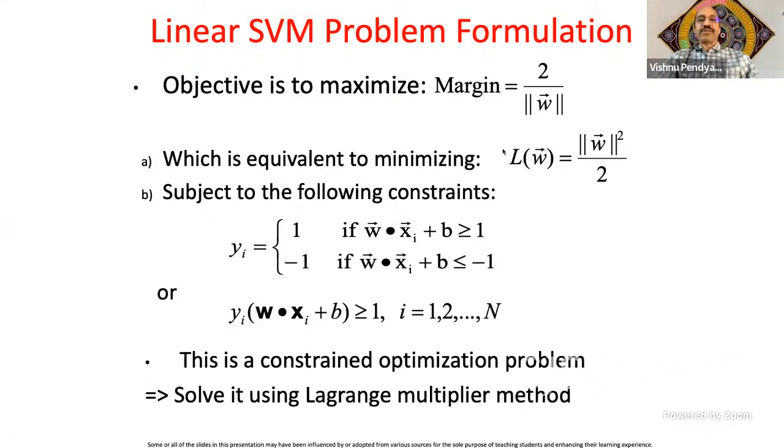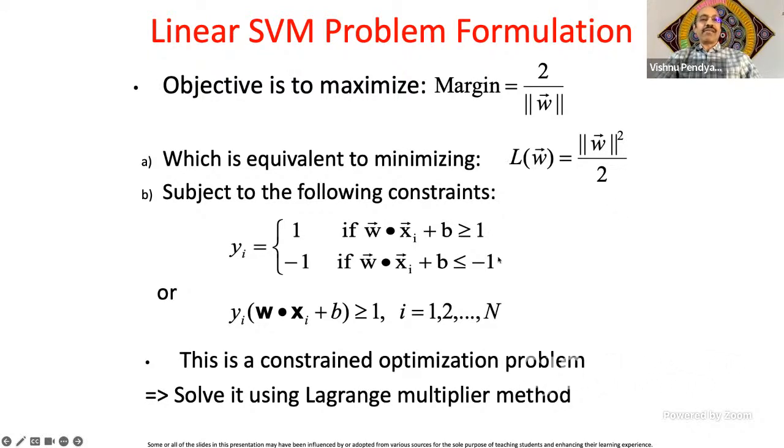If we are trying to find the w for which the norm is minimum, or the margin is the maximum, we can just proceed with the reciprocal and also take the square of the norm, because the square root is monotonically increasing. So maximizing the margin is equivalent to minimizing the reciprocal, which is the norm square by 2.